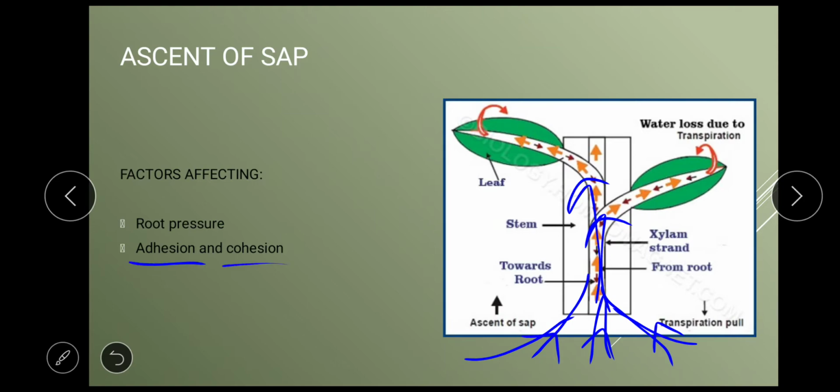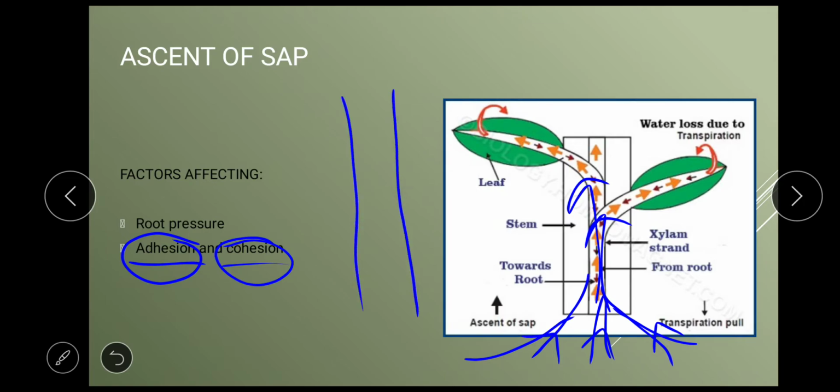Then next is adhesion and cohesion. What are adhesion and cohesion? Adhesion is between different particles, cohesion is between same particles. Adhesion is between different particles, means that, see, if this is the stem, okay, and when water goes up, some water sticks to the walls of the stem, of this tube.